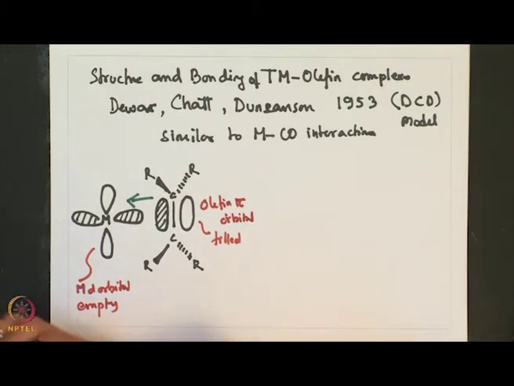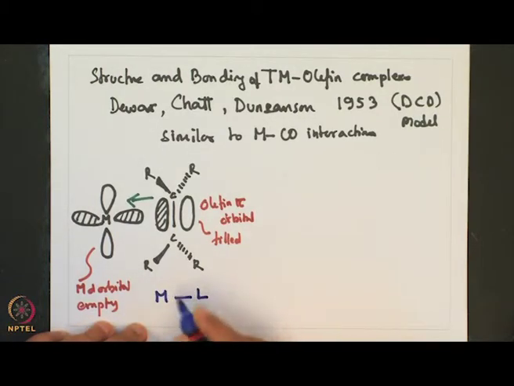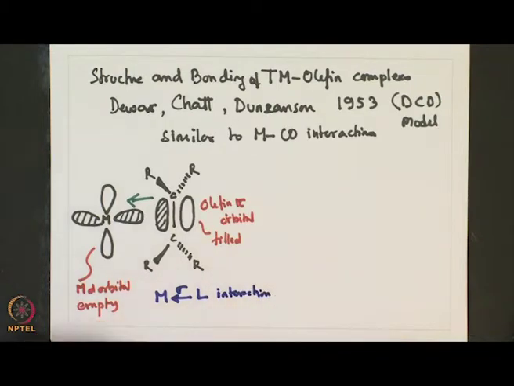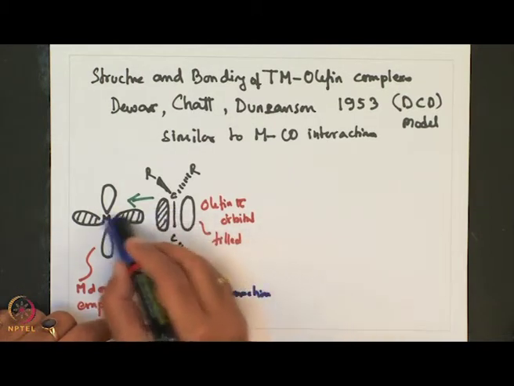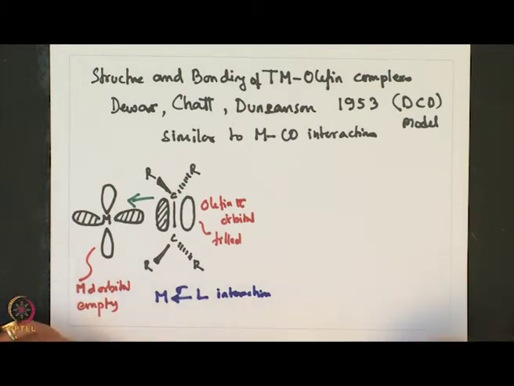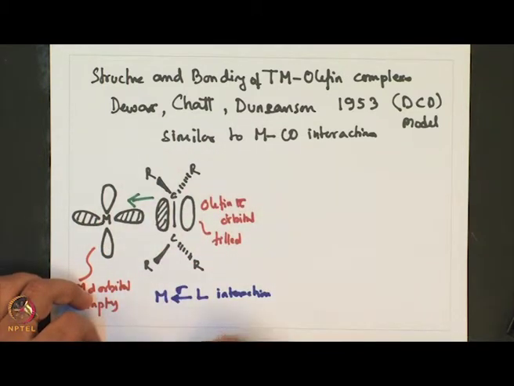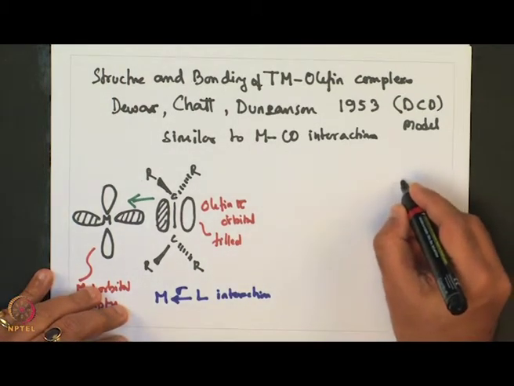So, this is often referred to as ligand sigma interaction. Sigma because the electron density resides in the bonding internuclear distance, and this is the forward sigma donation, followed by pi back donation, which happens from the filled metal orbital onto the pi star ligand orbital, which is given over here.